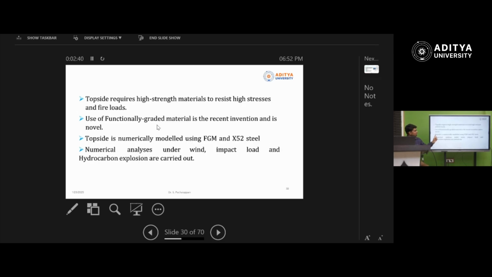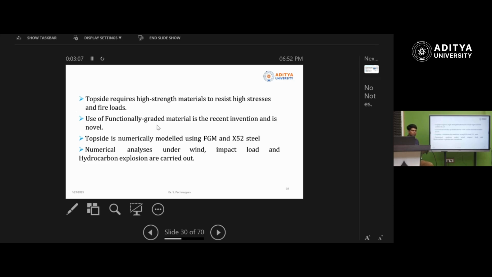I have changed the slide here. In the next slide, the top side requires high strength material to resist stresses and fire load. So why do we need extensive research on material and dynamics? Because the materials used for offshore structures in regular practice are not sufficient for durable structures.